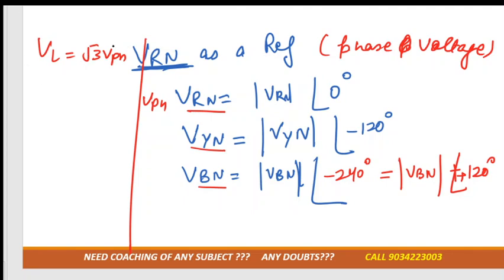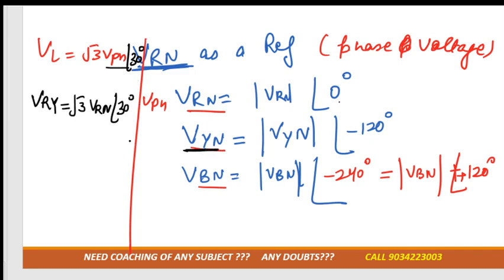The angle difference is 30 degree. Now if I want to calculate the line voltage, VRY, that is the voltage across the line, root 3 as it is, VPH. If I am taking RY, then we'll take VRN. The angle difference is 30 degree. VL is equal to root 3 VPH, 30 degree. So I'll add 0 degree with the 30 degree, so the angle would be 30 degree.